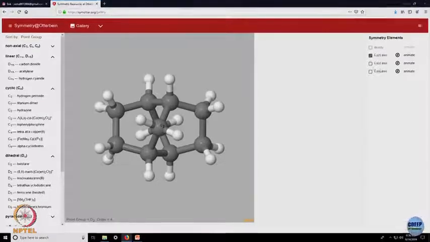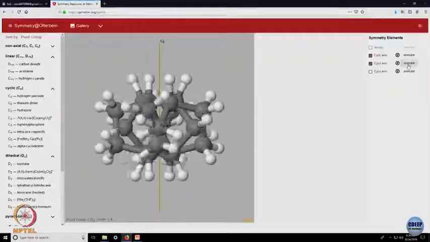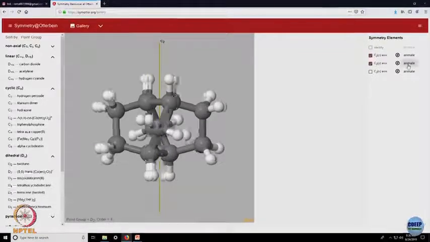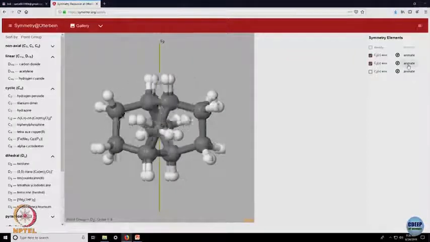So you can see the mirror reflection, for example. Sorry, this is C2 along the y axis. Okay. So C2 along the y axis is left right symmetry, it goes, can you see it? It is the left right symmetry.